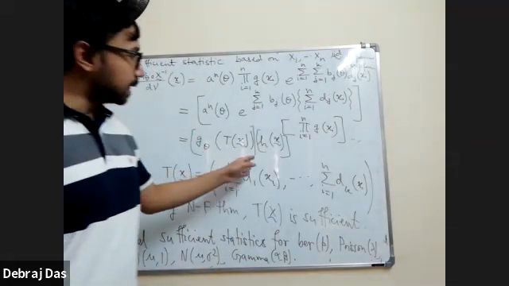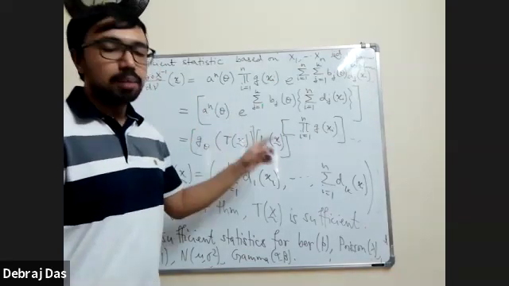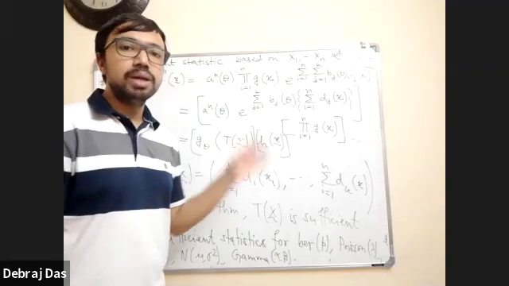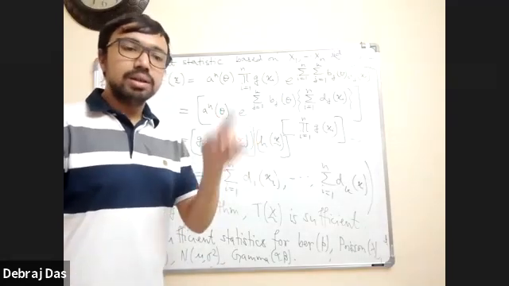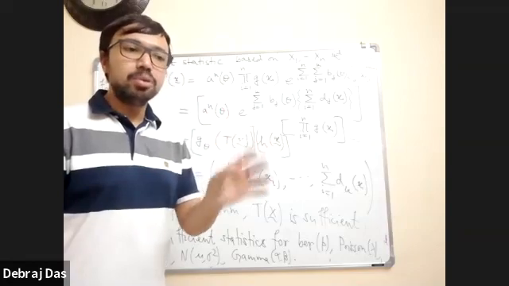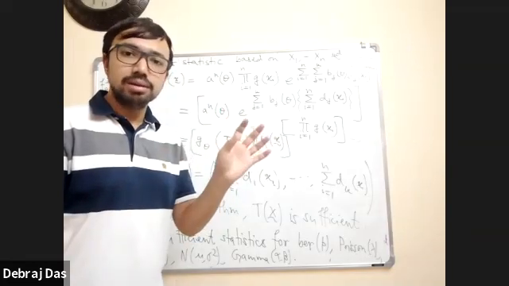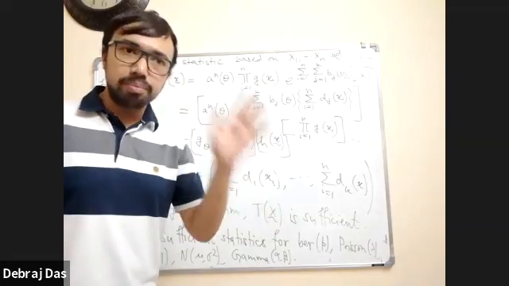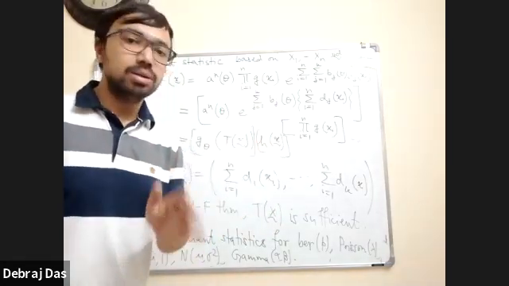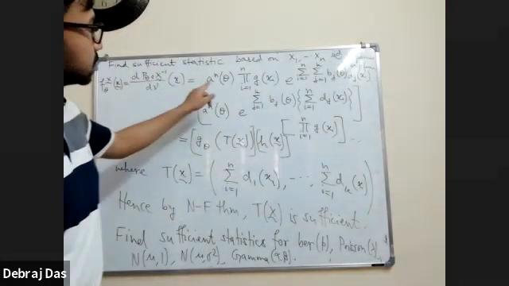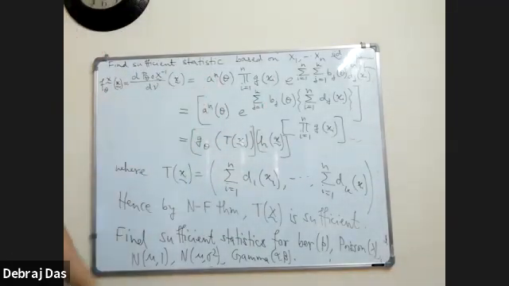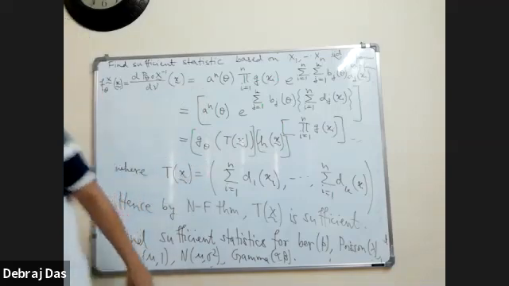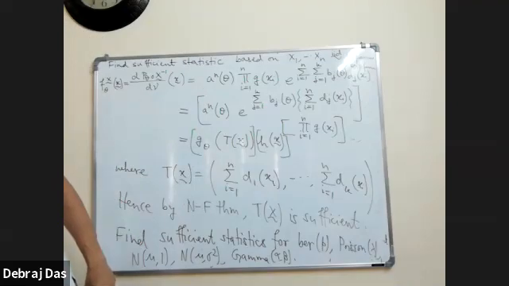And as I said, the support of any distribution belonging to the exponential family does not depend on the parameter, because if the support depends on the parameter, then there will be some indicator which will involve both the sample and the parameter, and then you cannot write it as the product.